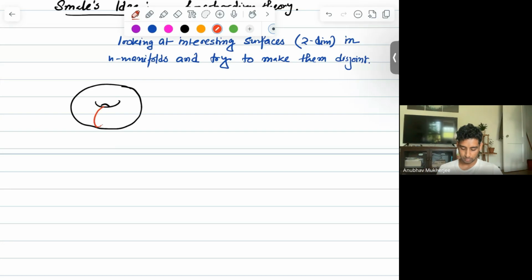One is this loop, and one is this loop. Now notice that no matter what we do, without breaking the loops, they are always intersecting. We cannot make them disjoint.